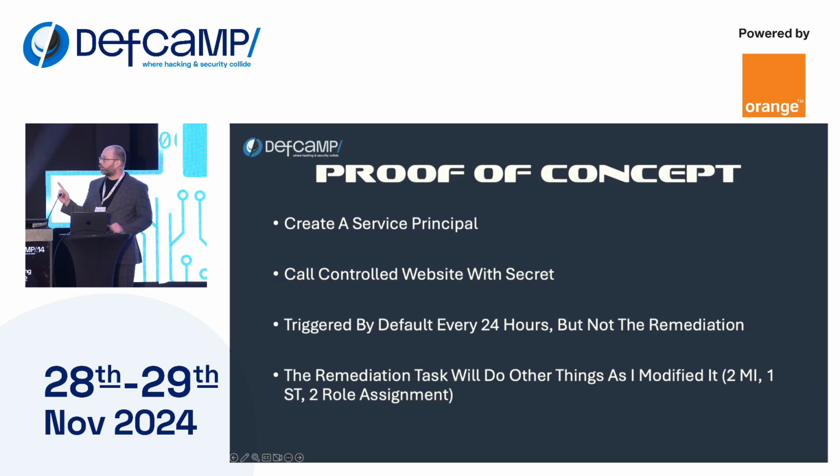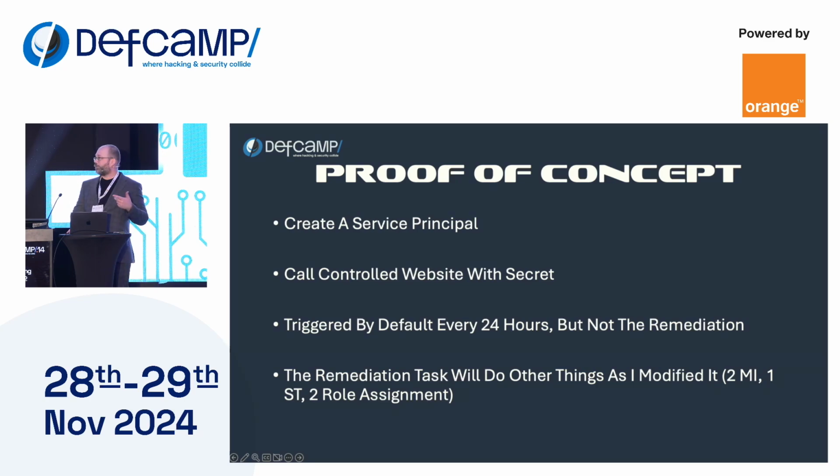So what my PowerShell script will do is create a service principal. And once it's created, I will submit it to a website that I control and own. So I will have the secret, the tenant ID, the app ID, and so on, so I can log in or log back.